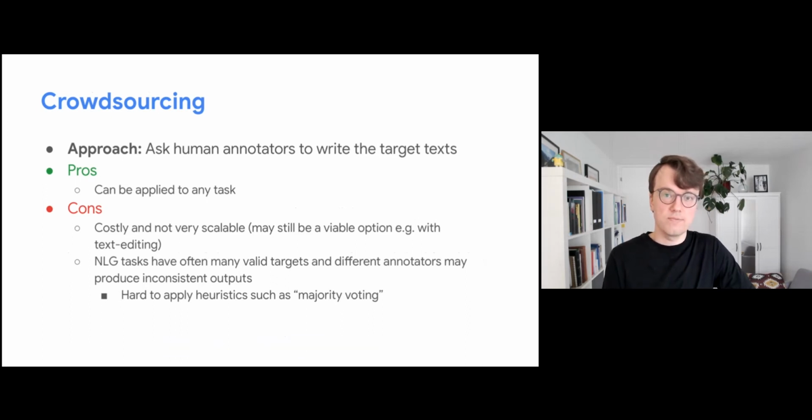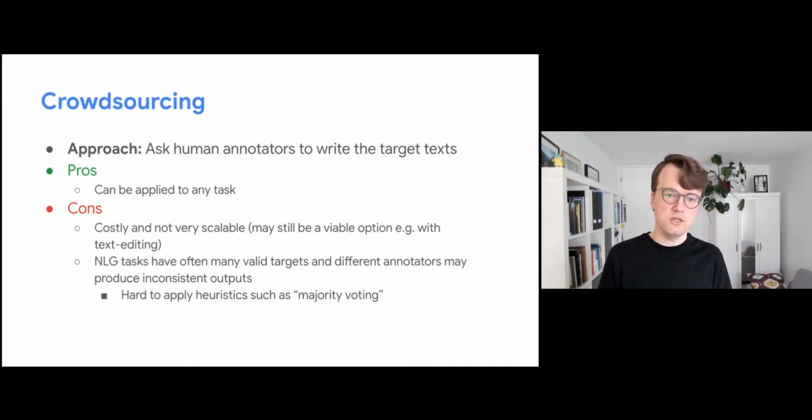And maybe you have some automatically generated training data. It might still make sense to crowdsource at least a bit of more high quality training data, so that you can first pre-train on this sort of silver data, and then you fine-tune on the crowdsourced gold data.